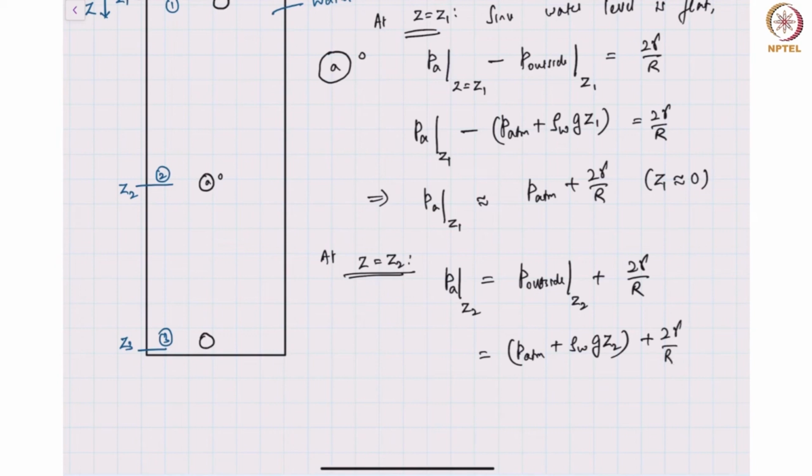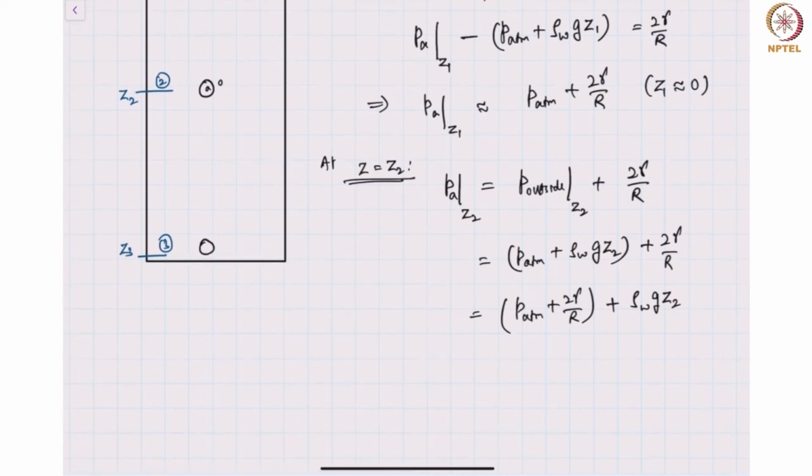So I have P atmosphere plus 2 gamma by r. This is because of the surface tension effects and then atmospheric pressure. But because the outside fluid at location 2 is experiencing the weight of all the water between 2 and 1, I have this additional pressure.